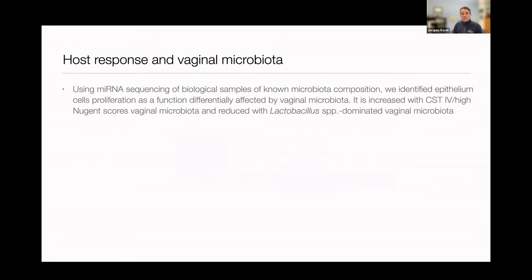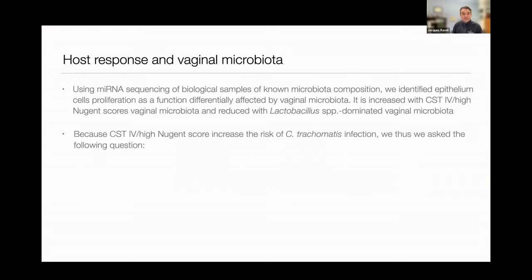And what we found is that when you compare different microbiota and expression, epithelial cell proliferation was differentially affected by the different microbiota. It was increased when you have a microbiota that doesn't have lactobacillus, but it was reduced quite dramatically when you have a microbiota that's dominated by lactobacillus. So this is in vivo.